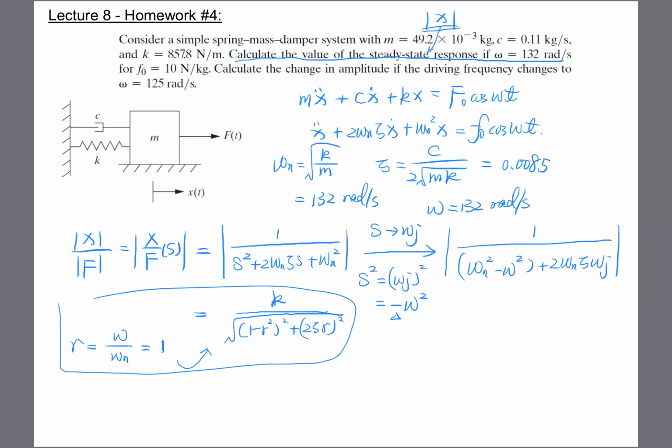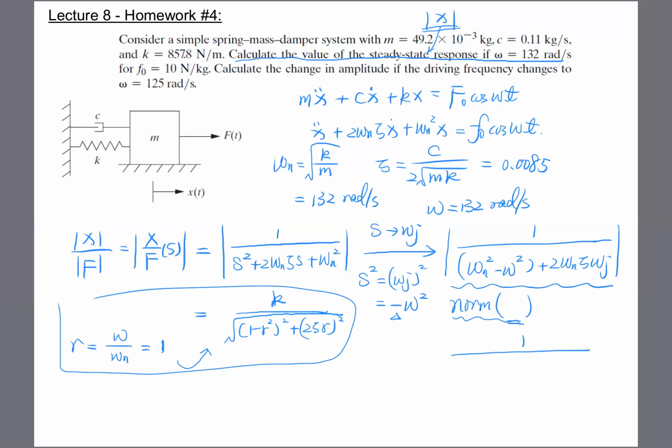So for the amplitude of this complex number, there are 2 ways you can do it. If you bring MATLAB to your exam, you can directly use the norm function. You put this complex number inside the brackets, and the norm function is going to give you the amplitude. If you don't have MATLAB, you can simply calculate it by hand.